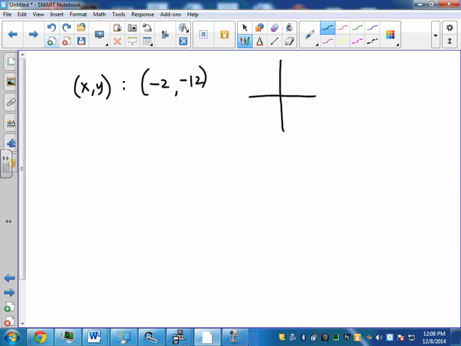Way down here is -12, -2. Here's our ordered pair. And we want the trig functions that correspond to this angle, whether it's positive or negative. I'll run it around positive this time. So there's theta, and the ordered pair -2, -12.